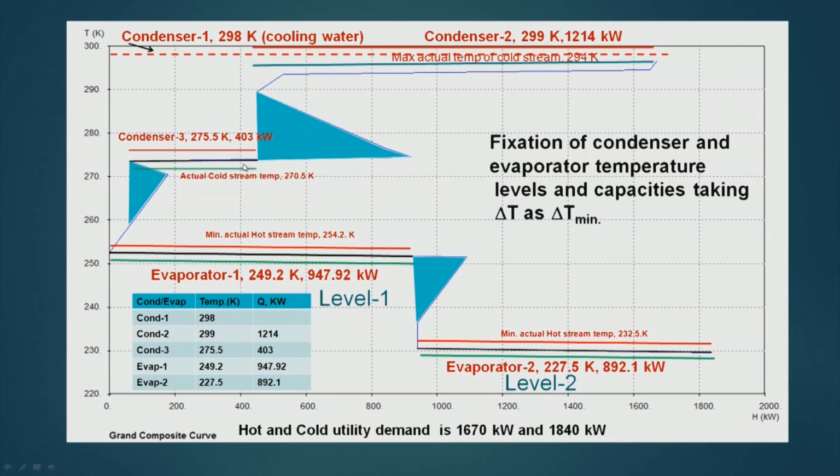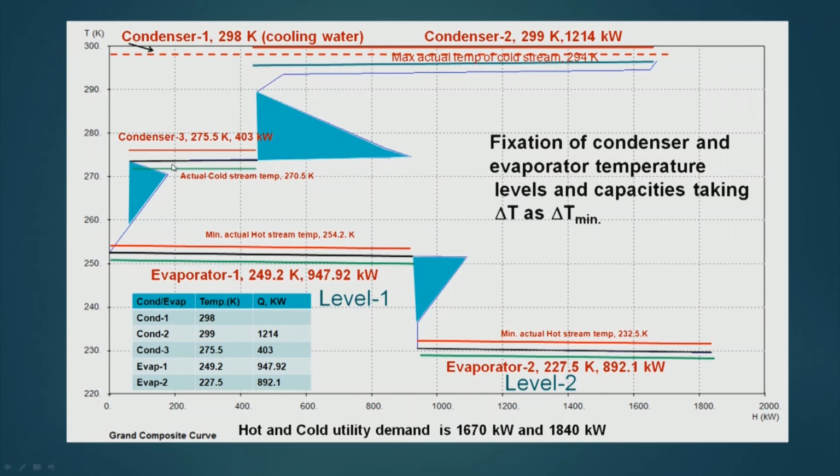Now, this is another condenser. Here also heat is required to heat the GCC. The actual cold stream temperature here is 270.5, because heat will pass to the cold stream.